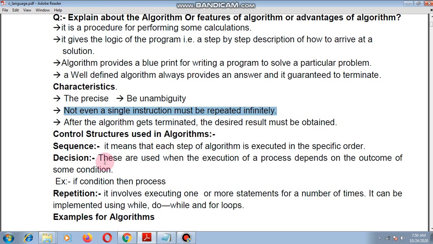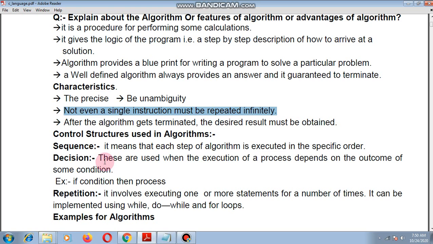Repetition means some statements are executed repeatedly, many times, based on a condition. Examples for decision statements are if and switch. Repetition statements are do, while, and for loop statements.